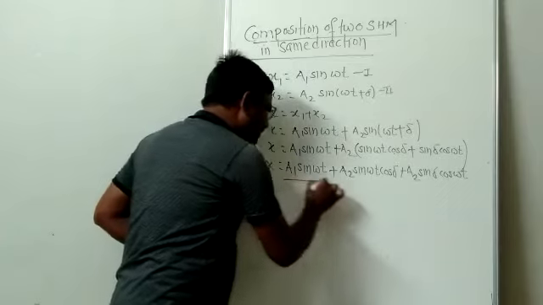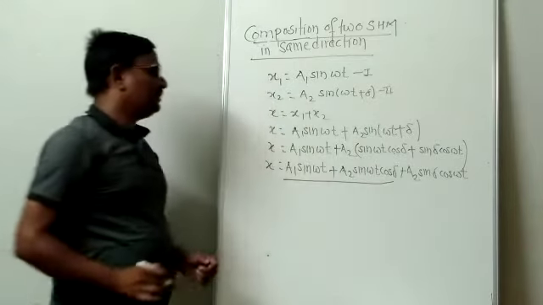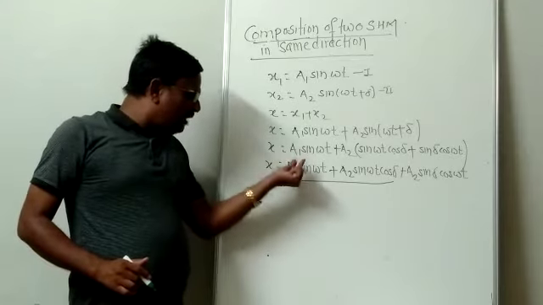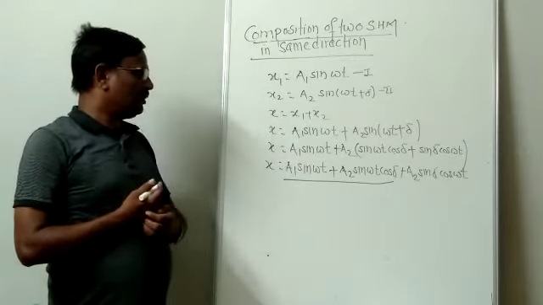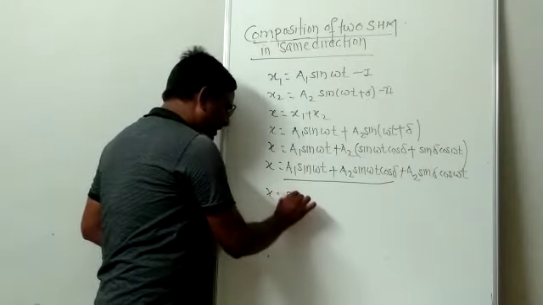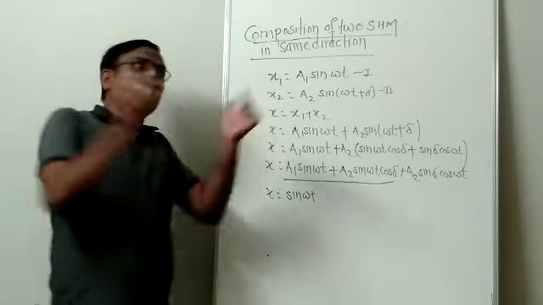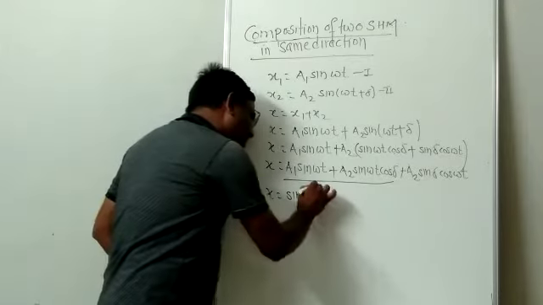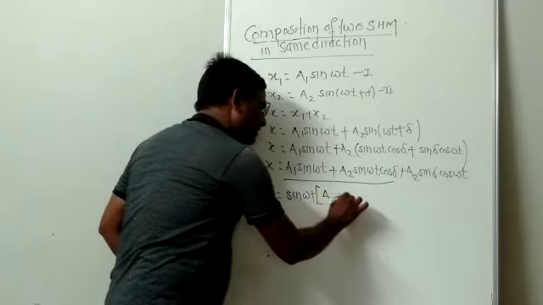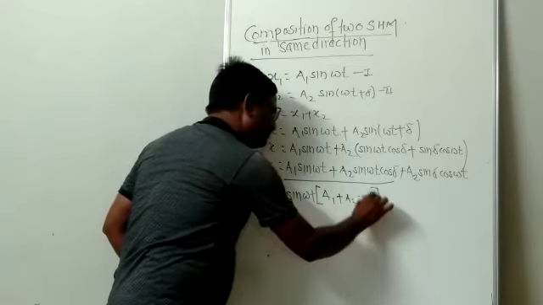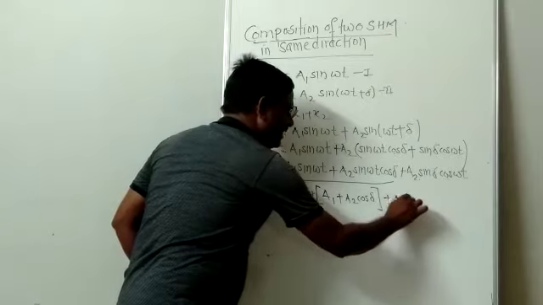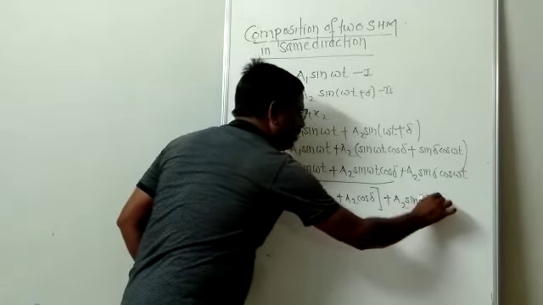See, look at the board. Sin omega t can be taken outside the bracket. What remains in the bracket? A1 plus A2 cos delta, plus A2 sin delta cos omega t.